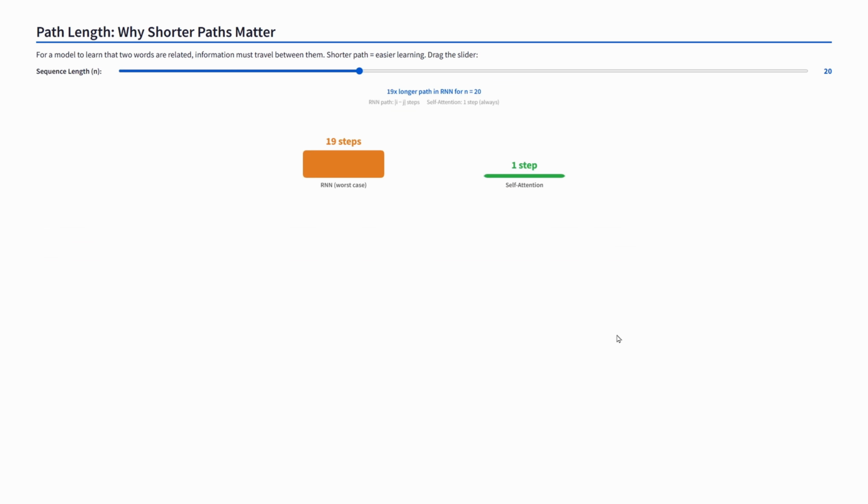Now let's put some numbers to the intuition we have been building. For a model to learn that two words are related, information has to travel between them, right? The shorter that path, the easier it is for the model to learn the relationship. Look at this chart.